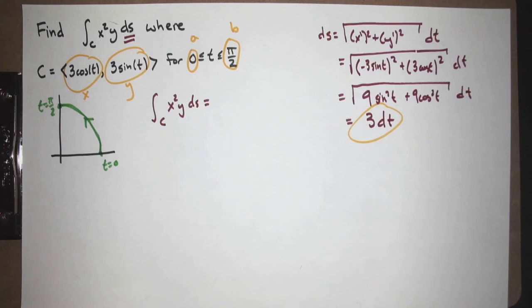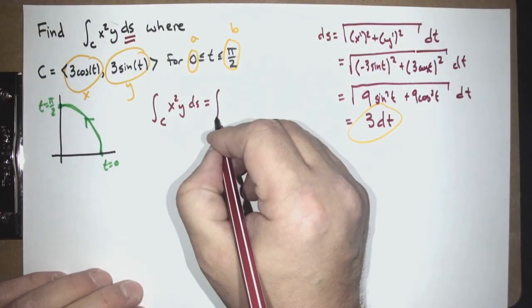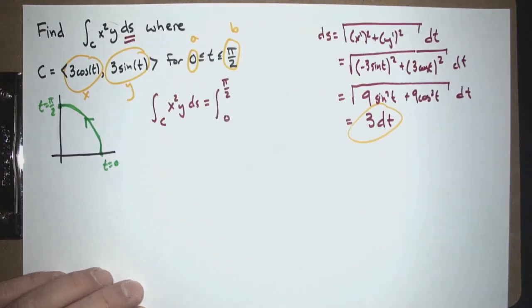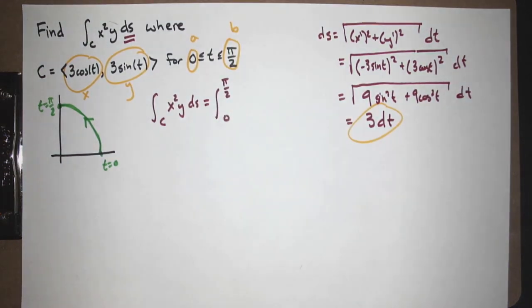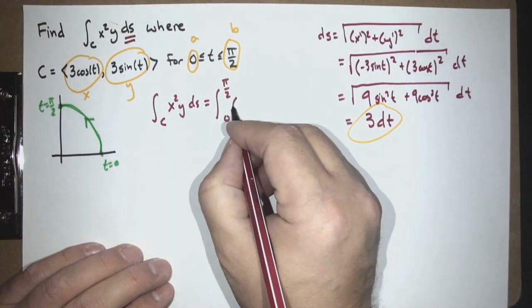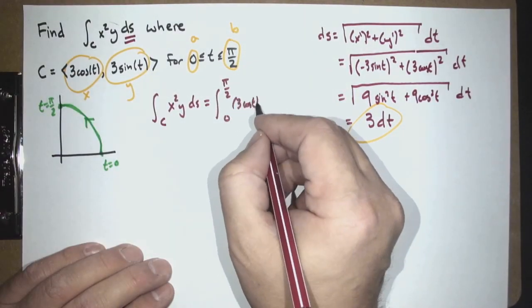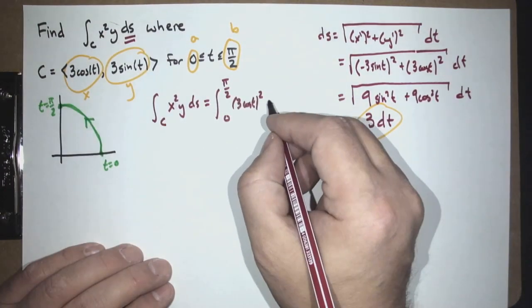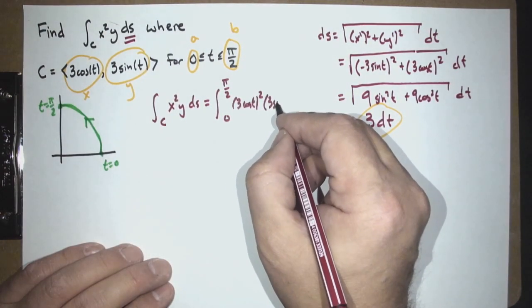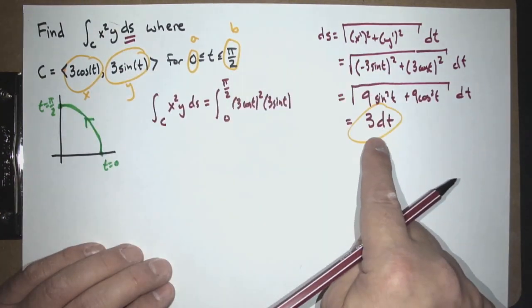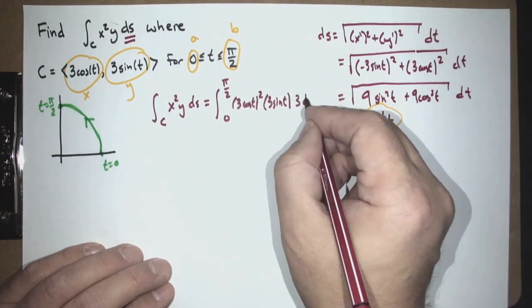All right, so we have integral 0 to pi over 2. So we're using our endpoints for time. For x, we replace x by what's in the parameterization, 3 cosine t squared. For y, use what's in the parameterization, 3 sine t. And then for ds, we use 3 dt.